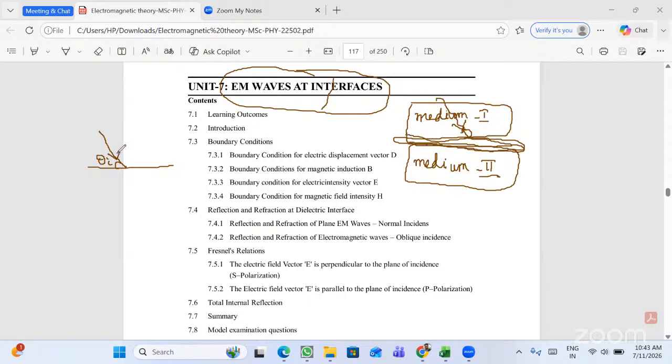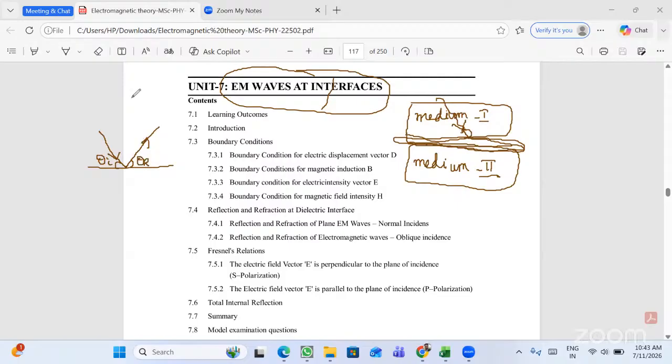As we know, whenever a wave interacts with an interface separating two media, after hitting this interface some part may be reflected back, which we will call the reflected wave, and generally this will be theta r.